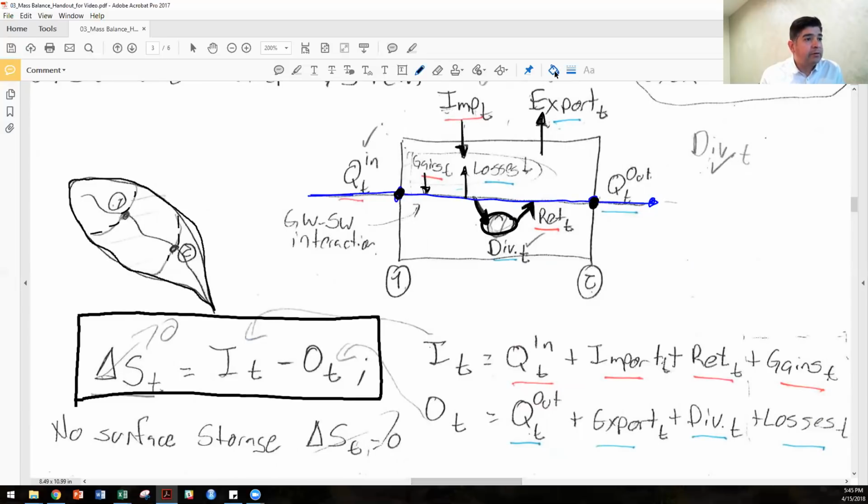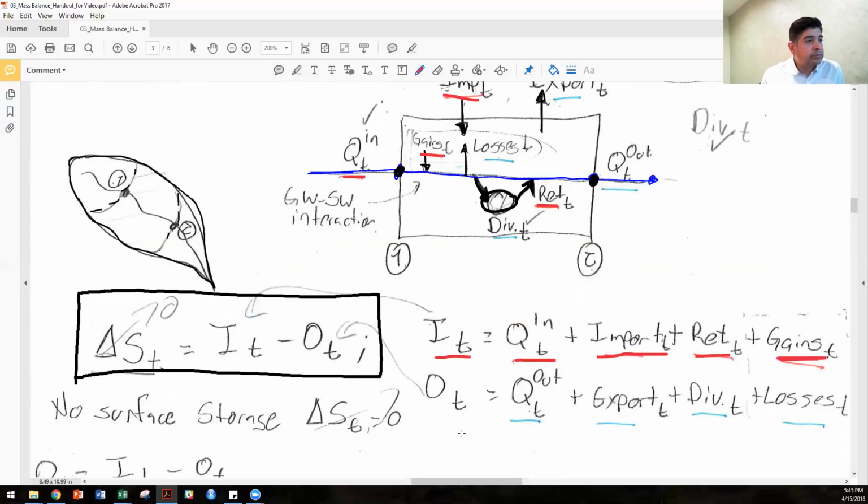In terms of the inflows, we're going to have how much water is coming in from here, from upstream. If there is any water imported, how much of that is there? How much of the water that has been diverted returns back to the river, and also the gains. If there is any contribution from the groundwater, how much it is.